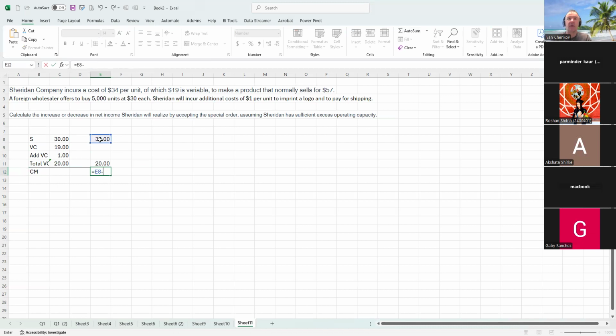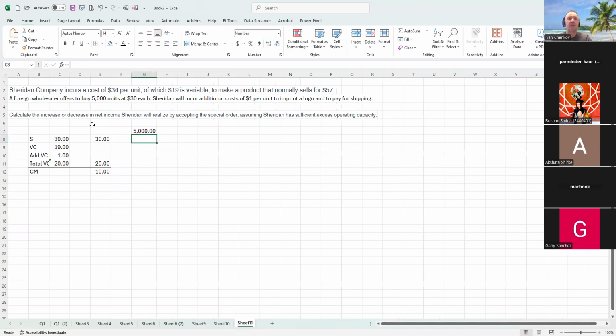This one minus that one. How many units do I need to make? How much am I selling? How many are they buying? 5,000. So how much is it going to cost me to make those 5,000?